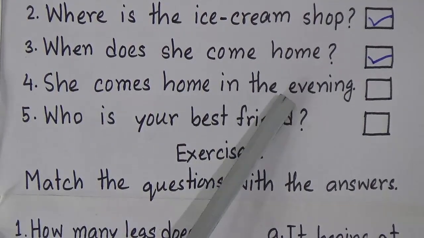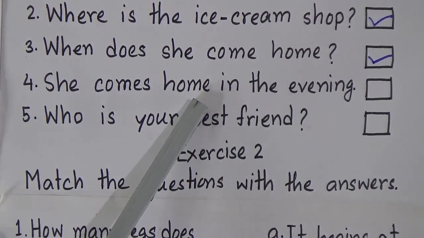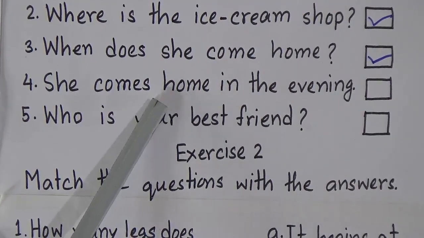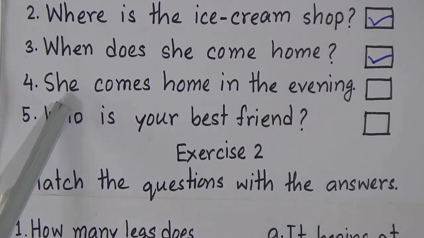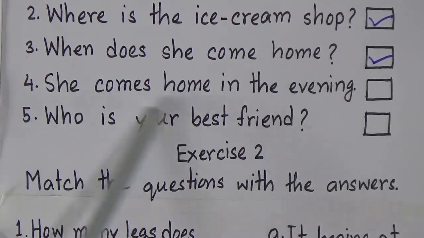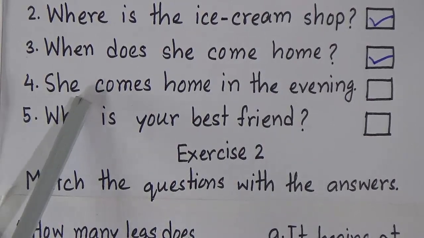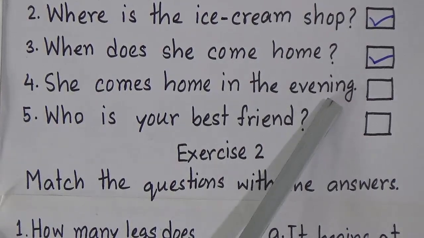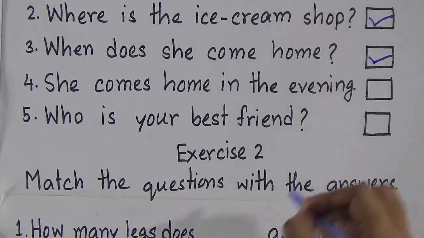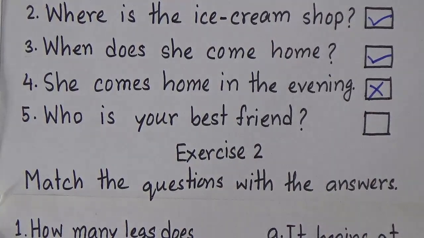So is it a statement or a question? I know all of you know the answer. Now look, the sentence begins with a capital letter and ends with a full stop, and there's no question word. So it's a statement. So what will we give here? We will give a cross.